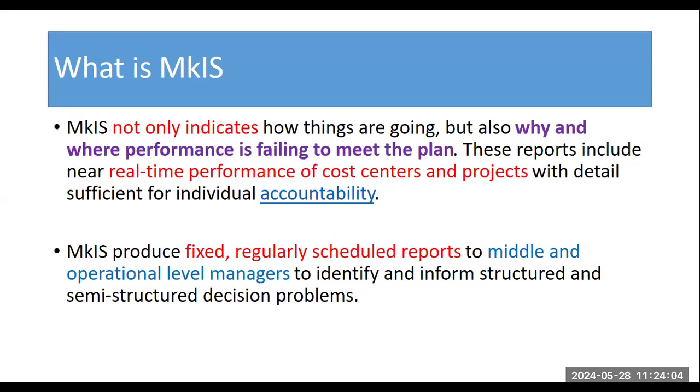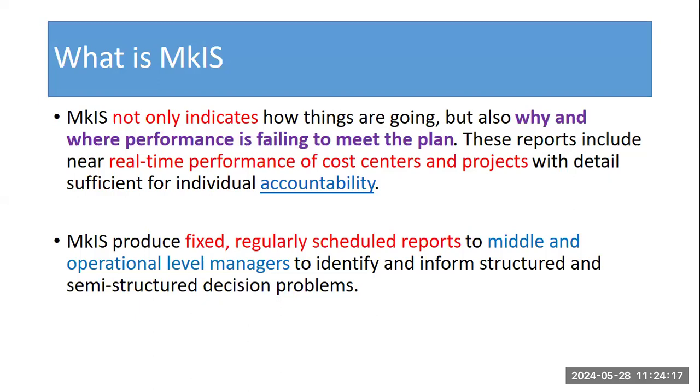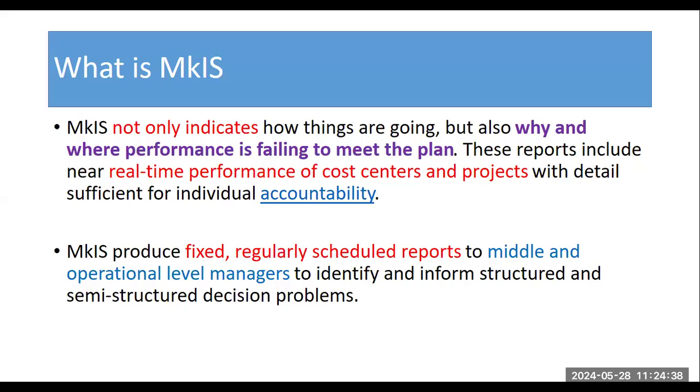So this system helps to identify the failures, and according to the reports generated by the system, they include the near real-time performance of cost centers, how they are performing in the real-world situation, with the detailed individual accountability. So now you can understand.